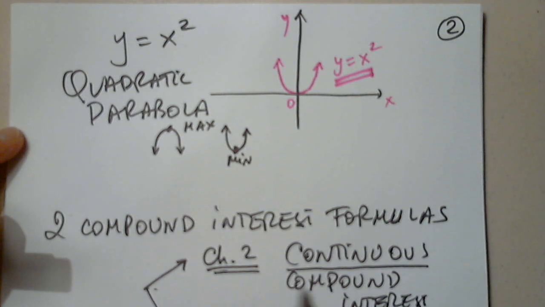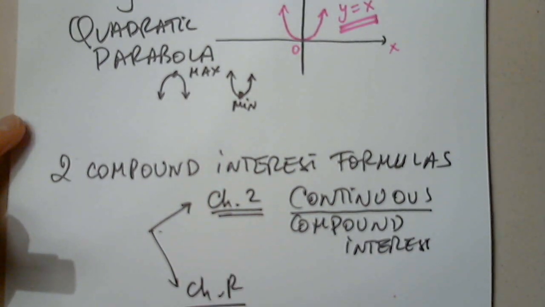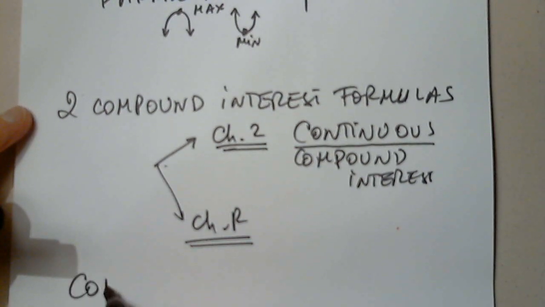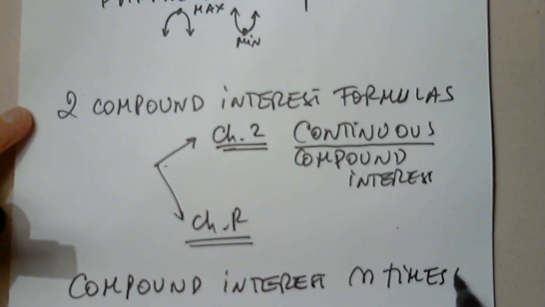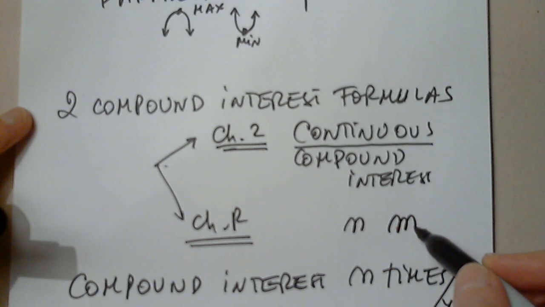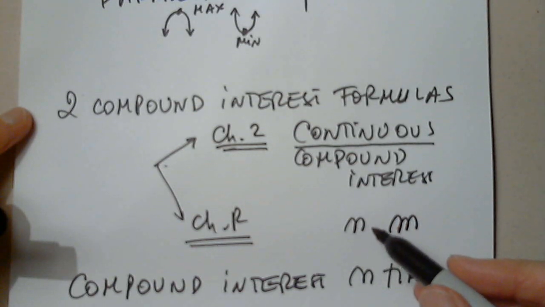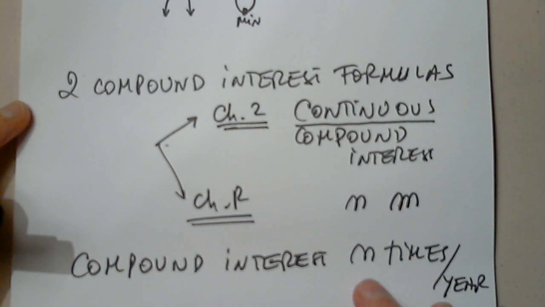The second one is what we are going to look at now in chapter R. Compound interest n times per year. So forgive me, this is my n and this is my m. 3 bubbles, 2 bubbles. So compound interest n times per year.